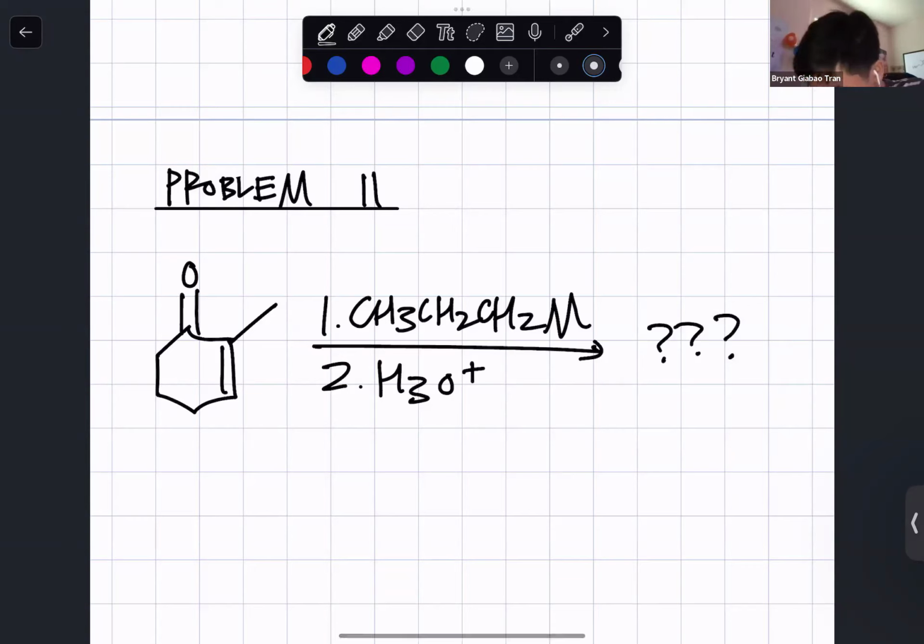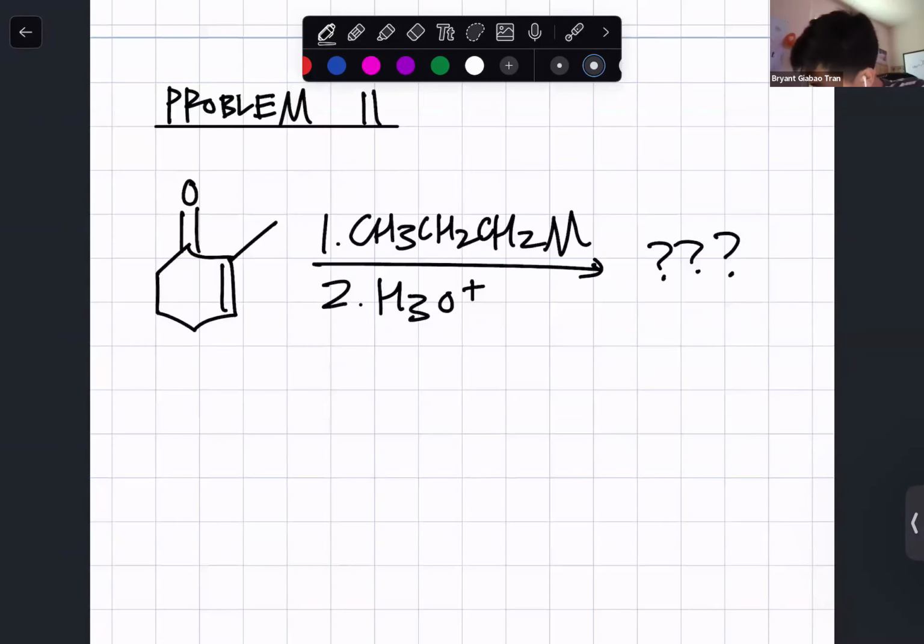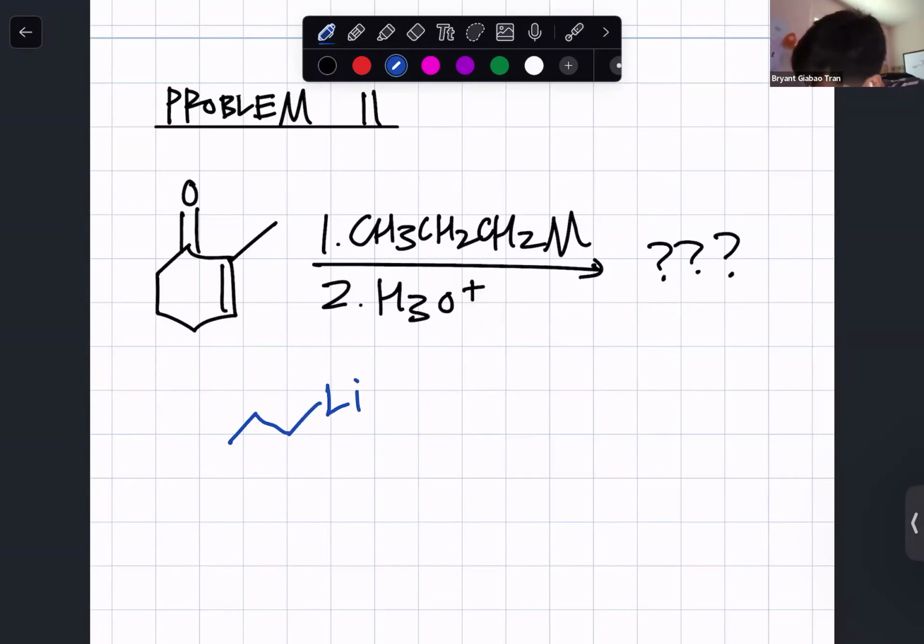Look at the given substances and fill in the blanks with the single letter code of the appropriate substance or the appropriate descriptive vocabulary word or phrase to complete the description. If the metal is Li, the major product for the reaction is compound. Okay, so they're saying if M is Li, we would get CH3CH2CH2Li. This would be our nucleophile.